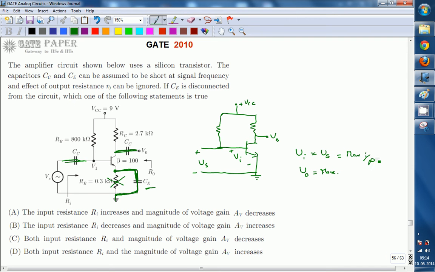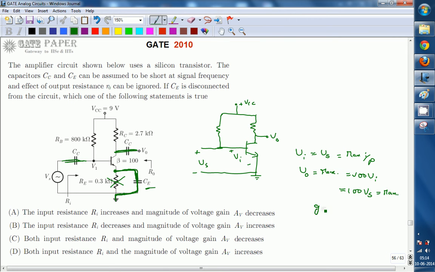There is no drop with the input signal. Whatever Vs you apply will appear across the effective input terminals of the BJT, so that will be amplified by beta times. Beta is given as 100, so V0 is 100 times Vi, that implies 100 times Vs, which is maximum. Remember that.